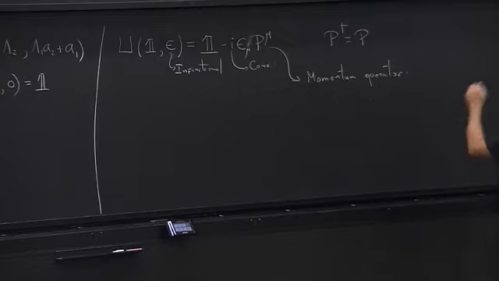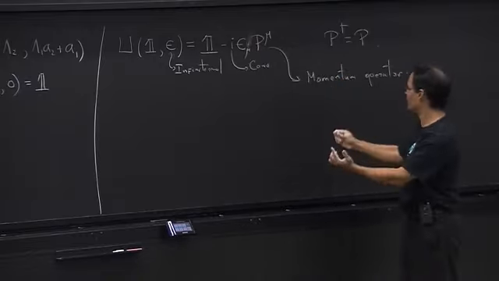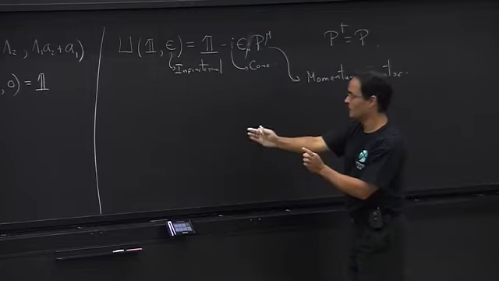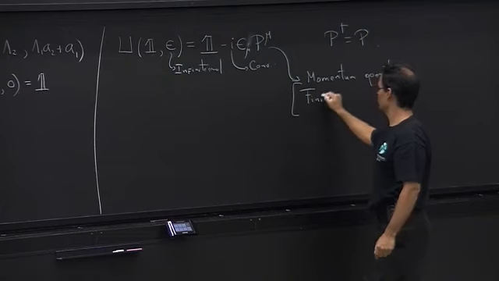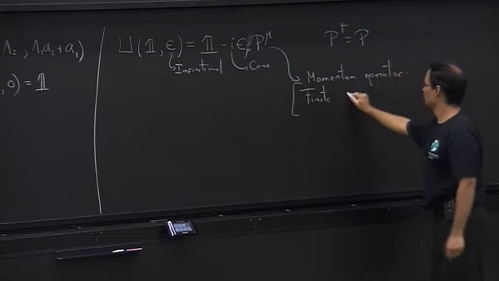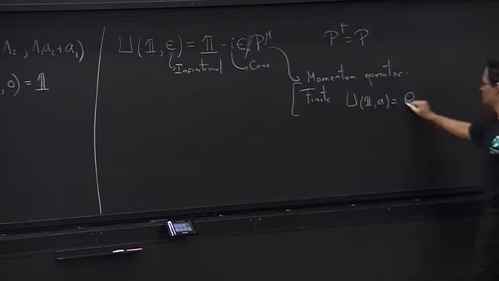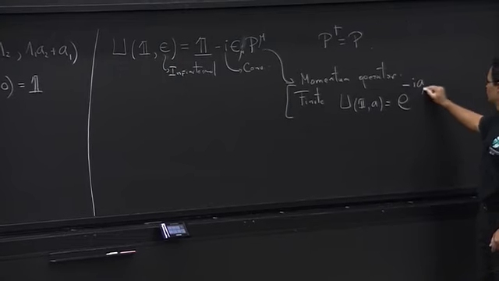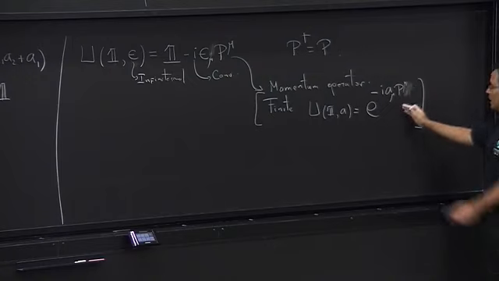Another way to see it is that if you exponentiate this action to produce a finite translation, you will find that this simply exponentiates to this operator acting on your states.